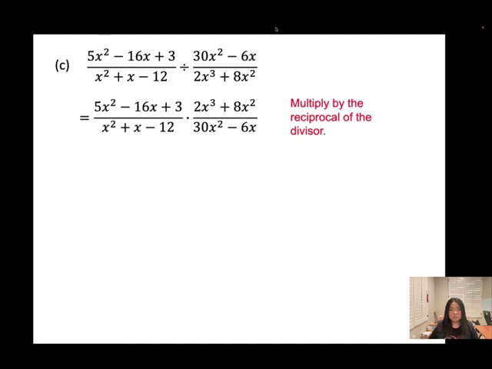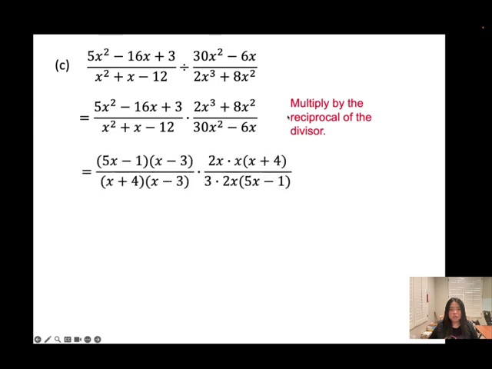Okay, I just changed to multiplication, flipped the second fraction first, and then did the factoring.